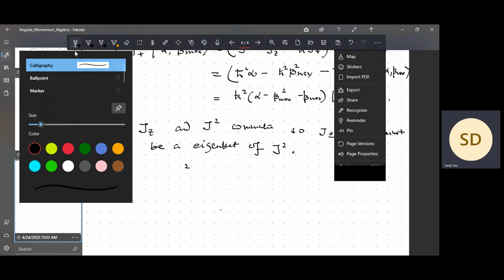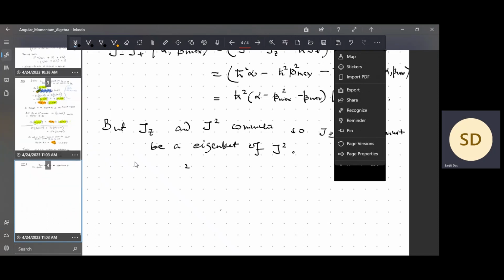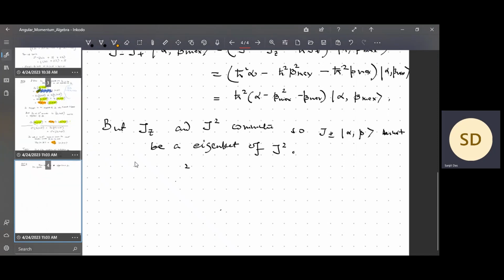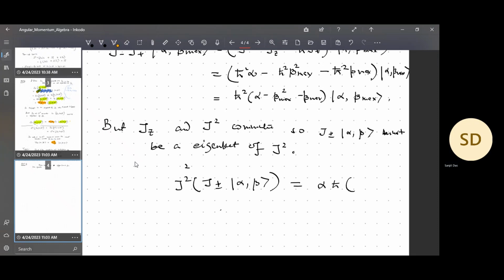Sorry, it's the brush I used. Okay, good. So Jz acting on J plus minus on the eigenket will produce alpha h bar J plus minus alpha beta.